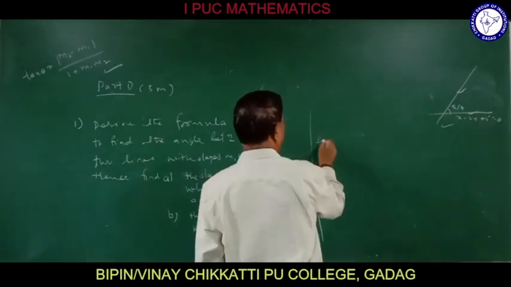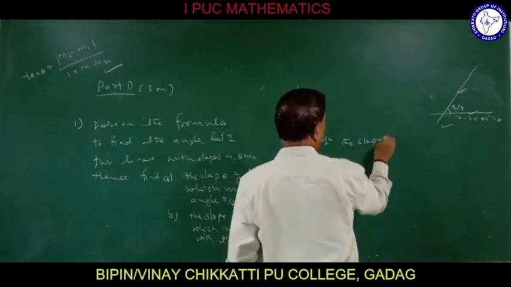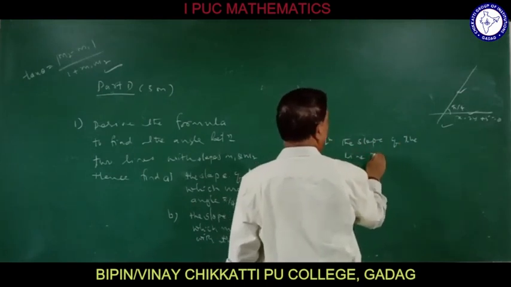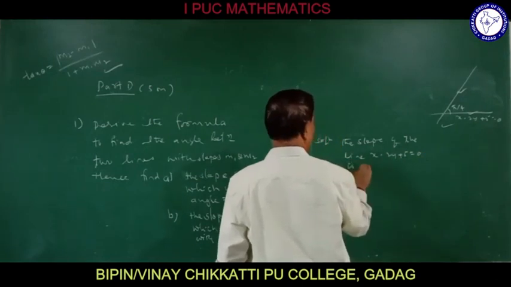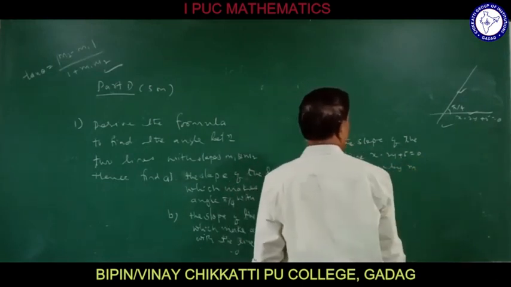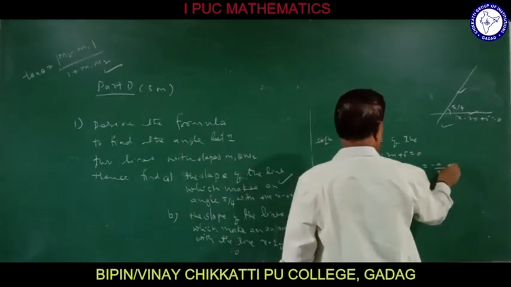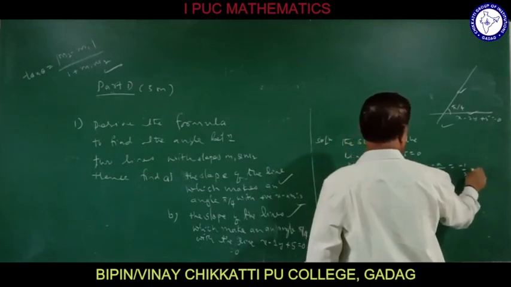Now the slope of the line x minus 2y plus 5 equal to 0 is m1, which is minus a by b, that is minus 1 by minus 2, so 1 by 2.